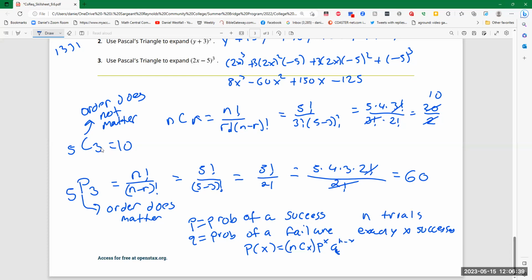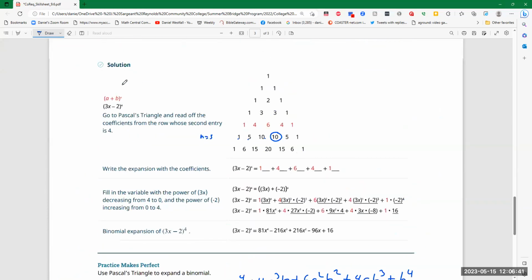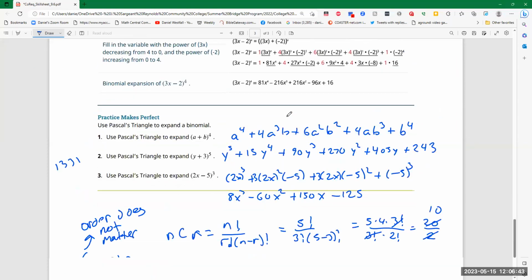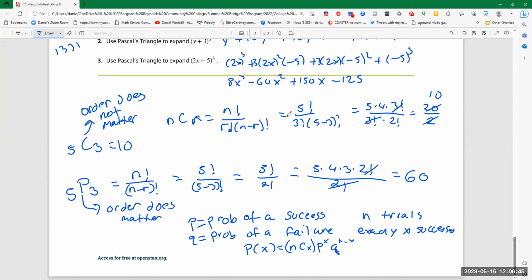And this number N choose X right here is going to be able to be read right off of Pascal's triangle, or you have to use the formula method here, or you have to have a table to tell you that, or you have to use your calculator to do it.